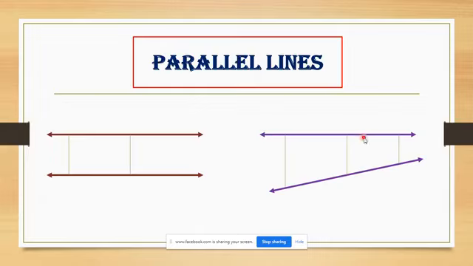You might say that these lines are not intersecting here, but you know these are increasing, they are just going, and then at one point they will definitely intersect each other. So, these are intersecting lines and these are parallel lines.